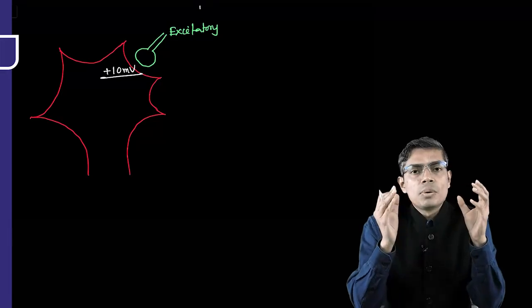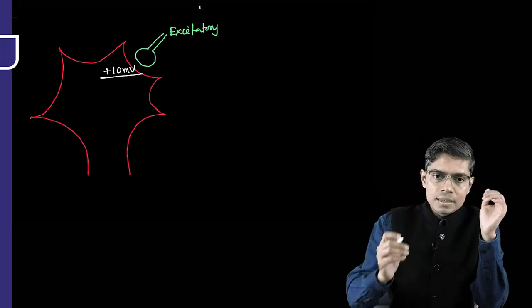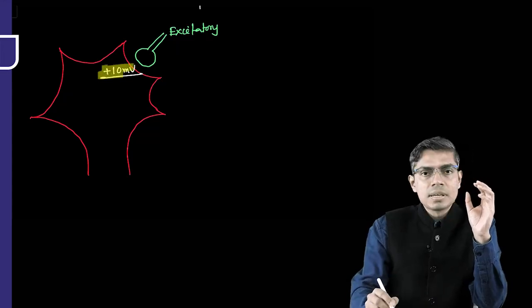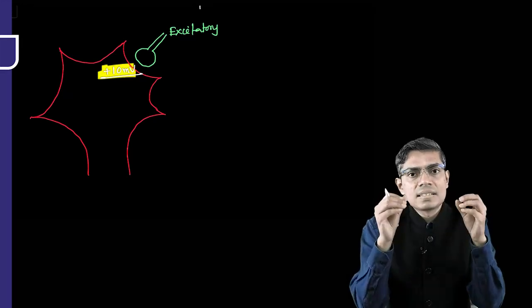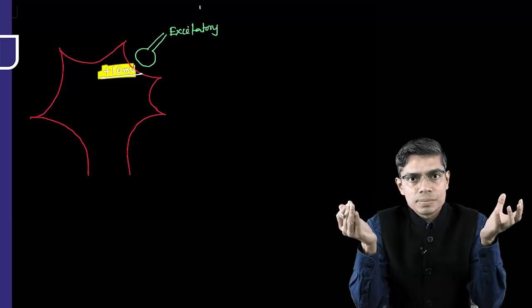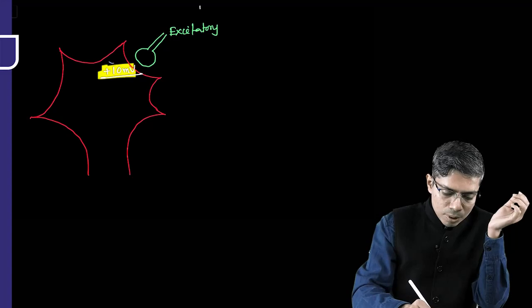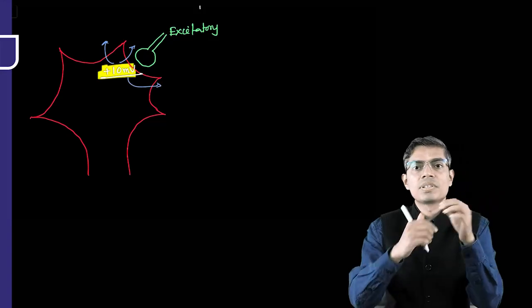Now I told you the local potential is a decremental potential. Decremental potential means after stimulation, if you stop stimulation in between, then this 10 millivolt voltage will die at the same area. It will die out by leakage of ions from the cell body. Gradually more and more ions will leak from the cell body.